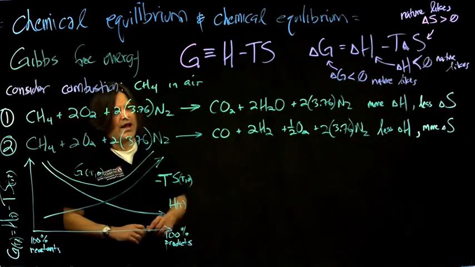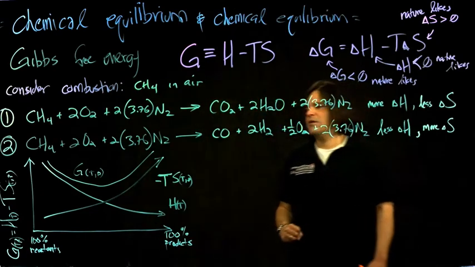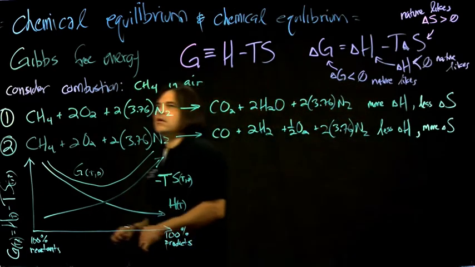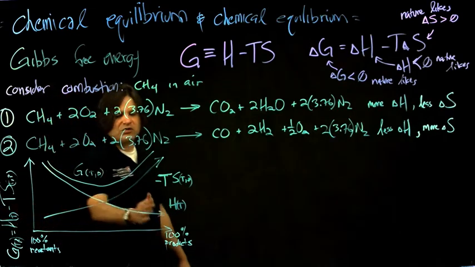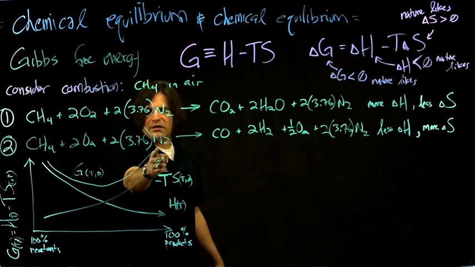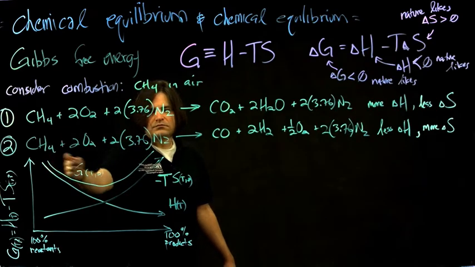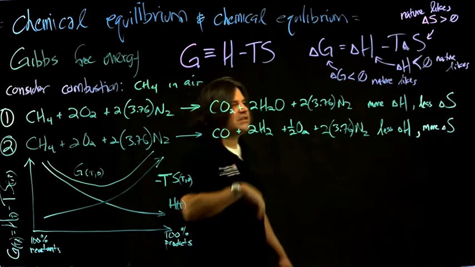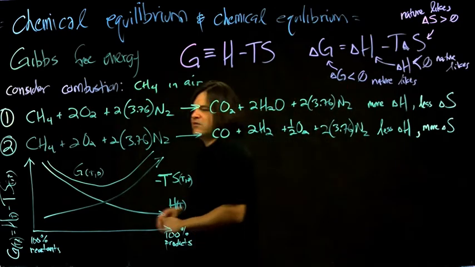So what happens is, if we want to determine which one wins, well, both win in the sense that there's a compromise, not one of those wins. If the products win, you would have a Gibbs free energy here. If the reactants win, you would have a Gibbs free energy here. But what nature likes to do is to minimize the change in Gibbs free energy.